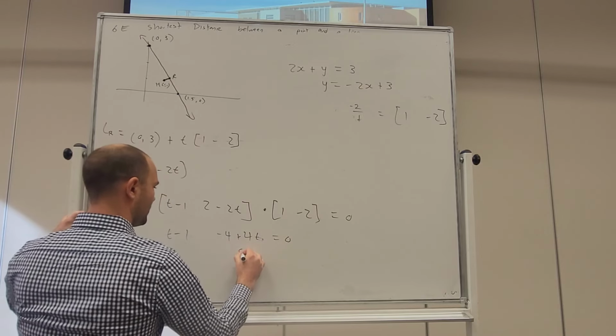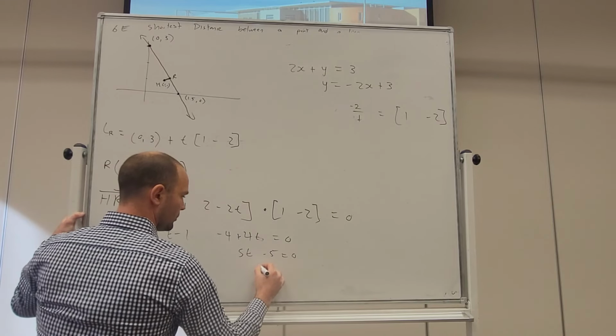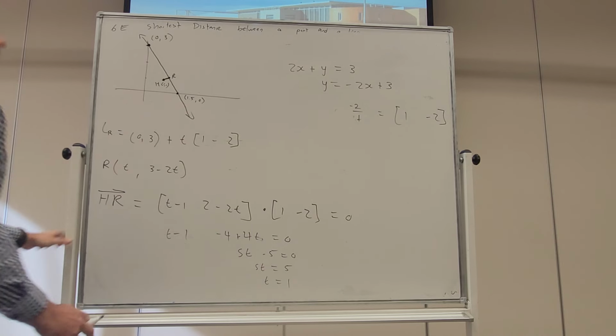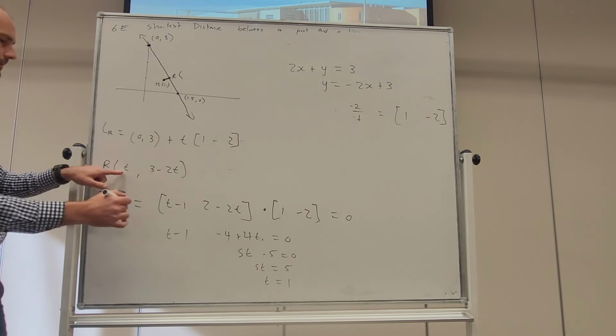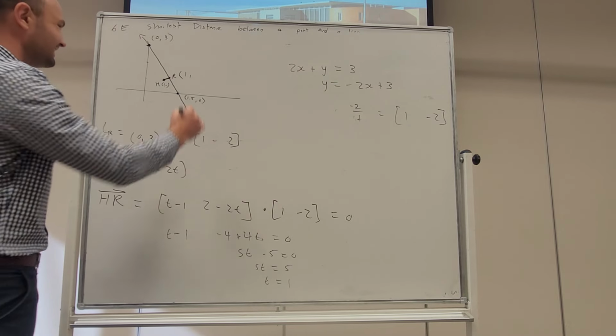So here we've got 5t take 5 is 0, so t is 1. So we can identify the coordinates of where the driveway meets the house. When t is 1, the coordinates of R are going to be 1 and 1.